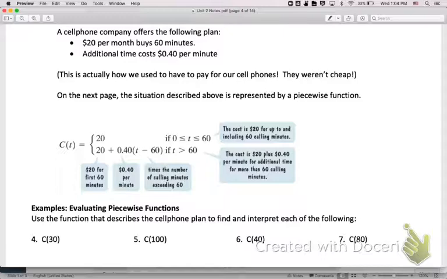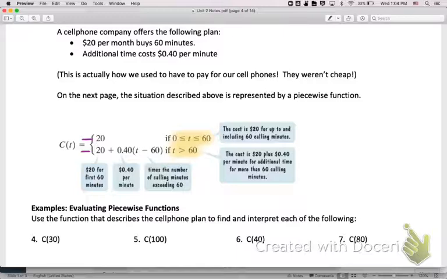So this is exactly the point of where we have to use one function to describe the first 60 minutes and then another function to describe the next minutes. So the most important part of a piecewise function is the domain for each piece. That's how we decide when to use which rule.